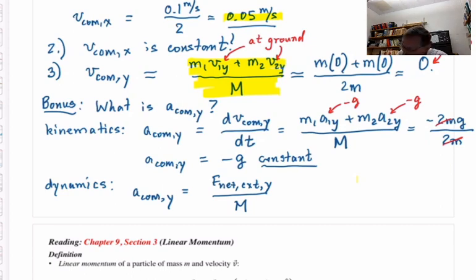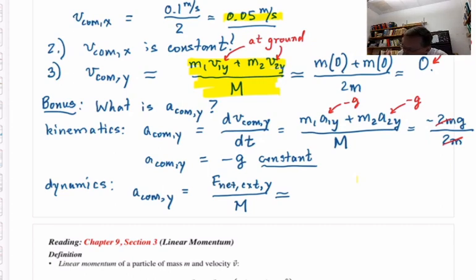And so what I have to put in on the right-hand side is the net external y force. The system is the shooter and the dropper. So Earth is external, so the gravitational force is external, and it's in the negative y direction.